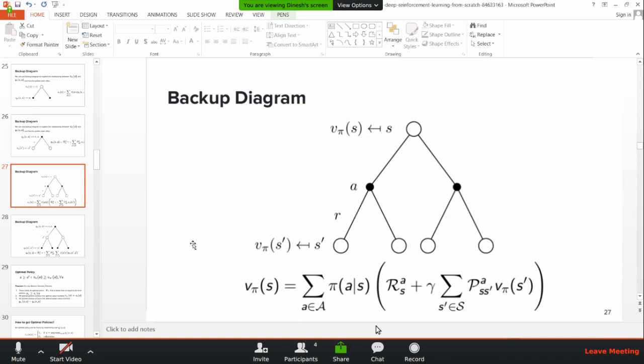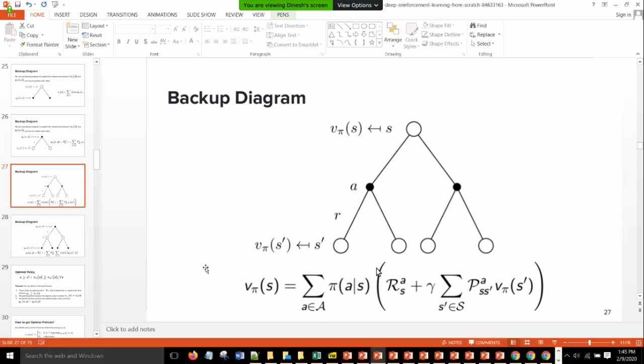In the value function, we don't have action. Whether it is Q or V, whatever reward we are speaking about, everything is the same.